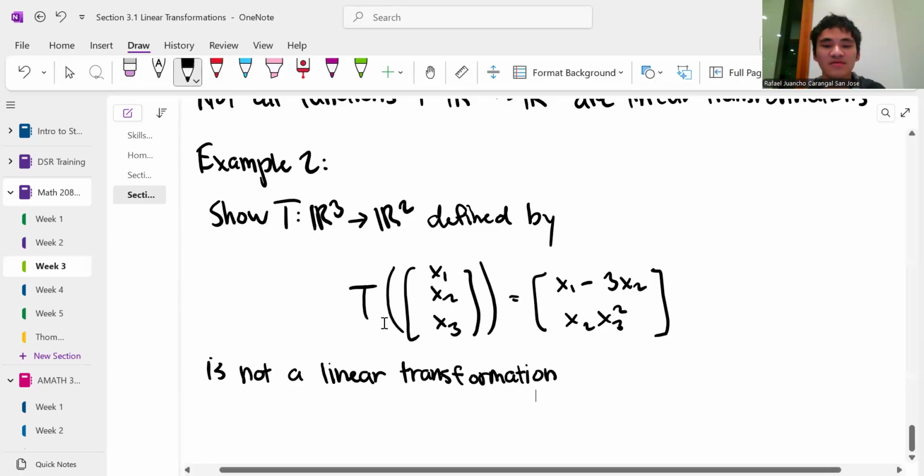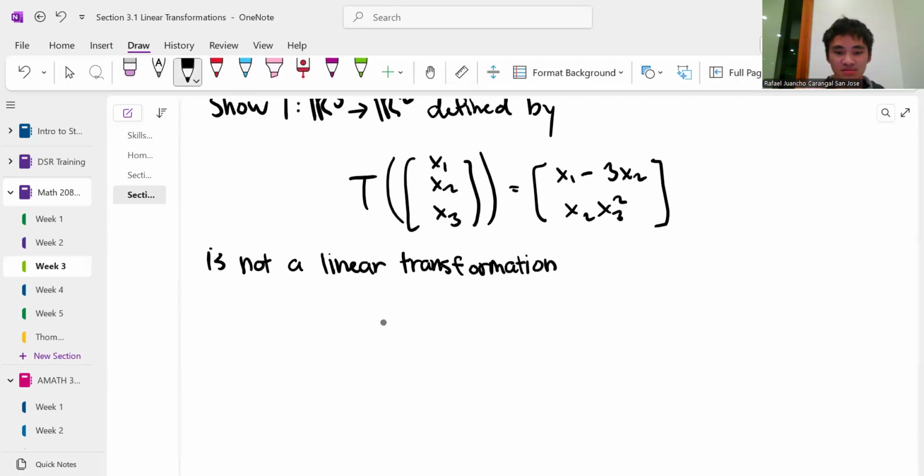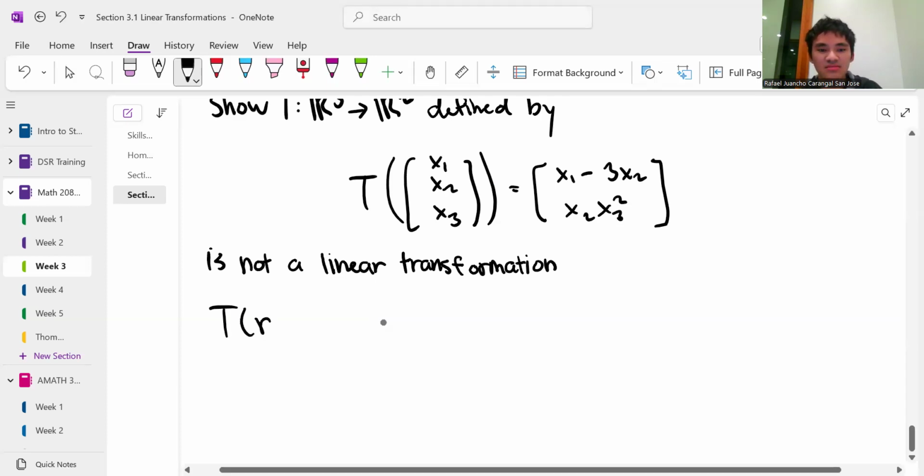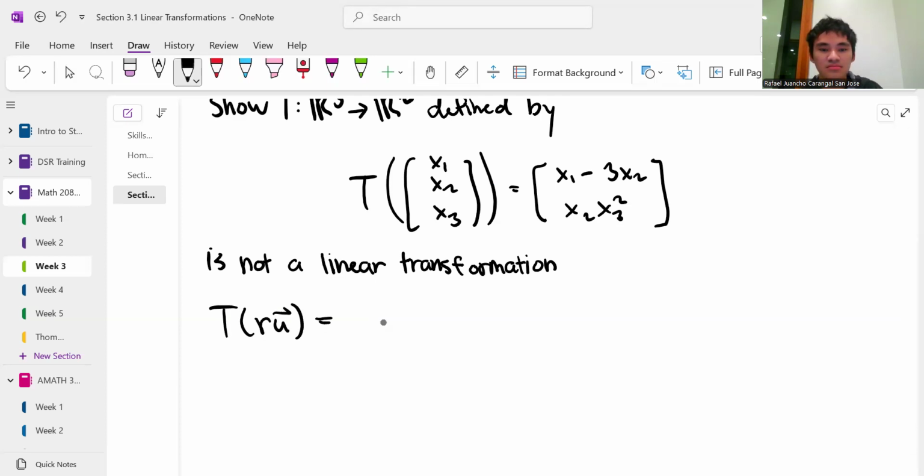We could try doing the definition, see if it works, right? We could try doing that. So let's actually try to do that. I'm going to go with the other definition here, just because it's easier. I'm going to try to prove that this thing is not equal to this thing. Okay, let's try.